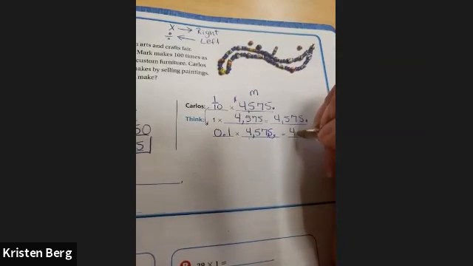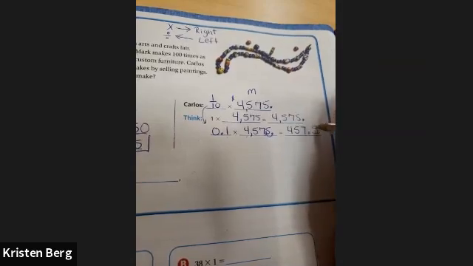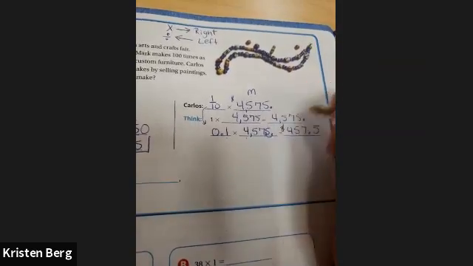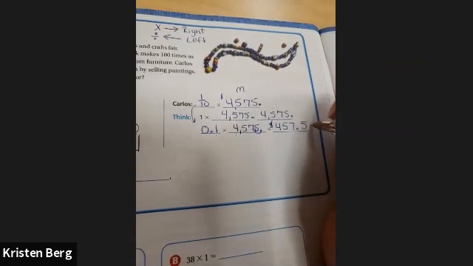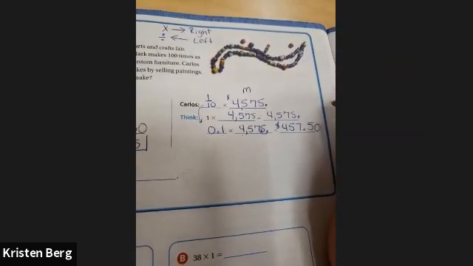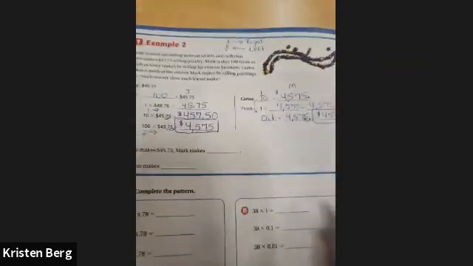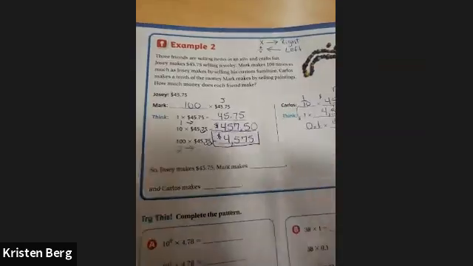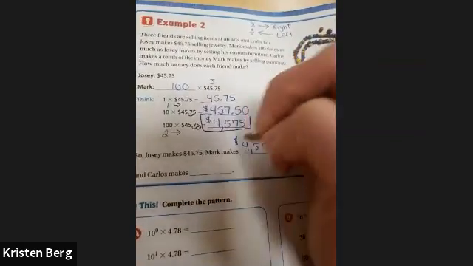So now it is 457 decimal and then a 5, which doesn't look correct because that's not really the way that we say in money terms. So you have to put a 0 at the end. So therefore, this is Carlos. So therefore, Mark makes $4,575 and then Carlos makes $457.50.